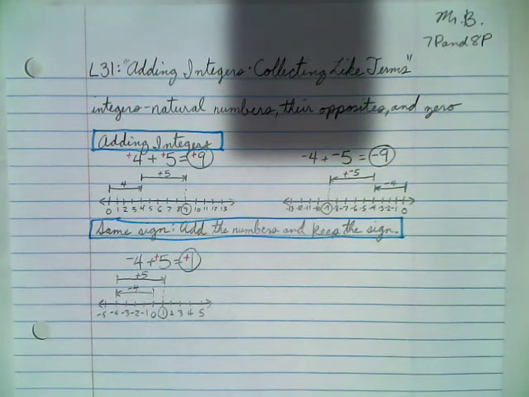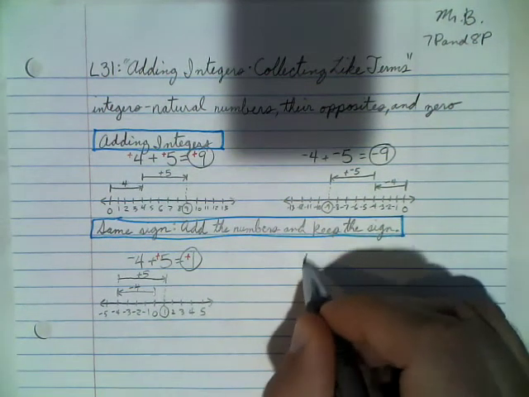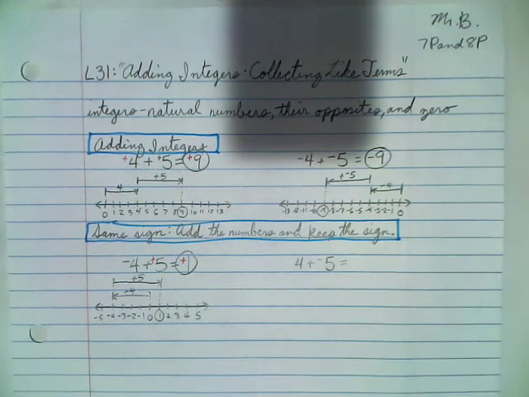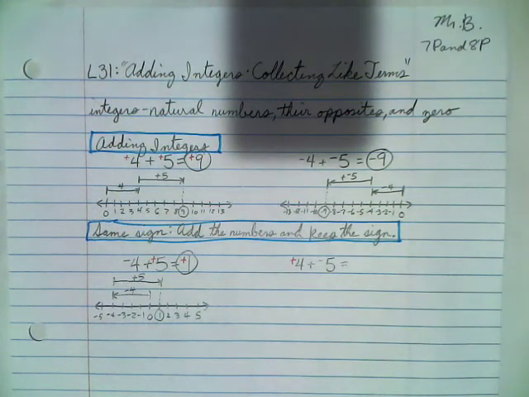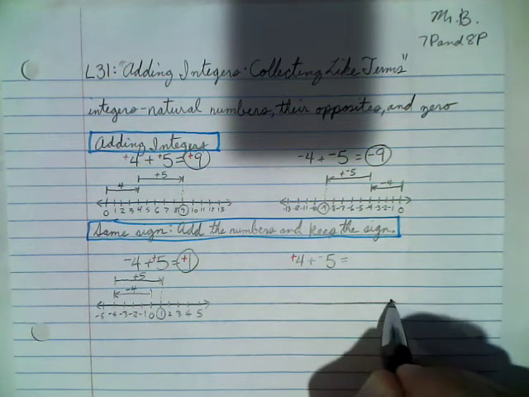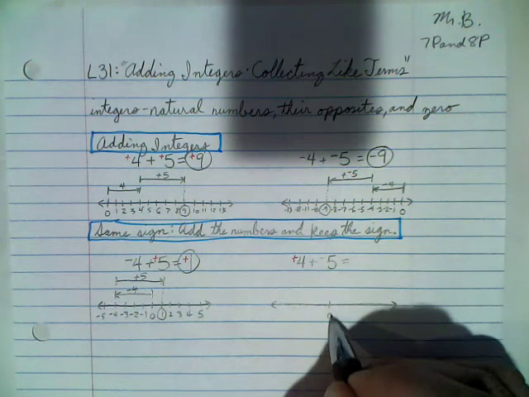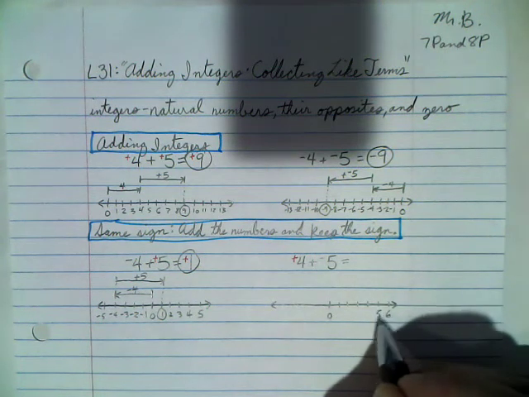Okay. Well, let's take a look at what happens if we switch the signs around. So what if it's a positive 4 and a negative 5? So I'll put the positive sign there in red because we should be thinking it. We're not actually going to write it usually, but we're thinking it. So 0, 1, 2, 3, 4, 5. I got 6 in this direction. That's okay.